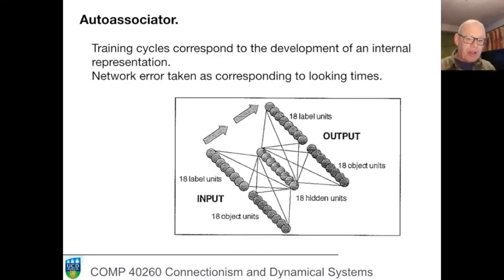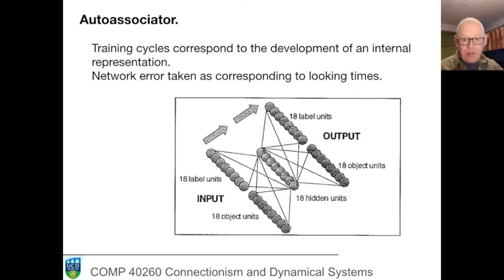So in the developmental psychology lab, we've got this non-trivial decision to pay attention and try to measure looking time in the infant. Here we're taking network error, which looks nothing like looking time, and we're going to equate the two, but it varies quantitatively, and we'll see how this is used now.